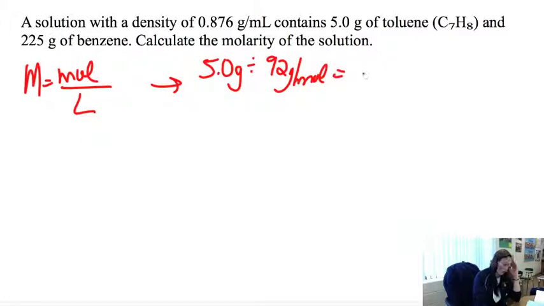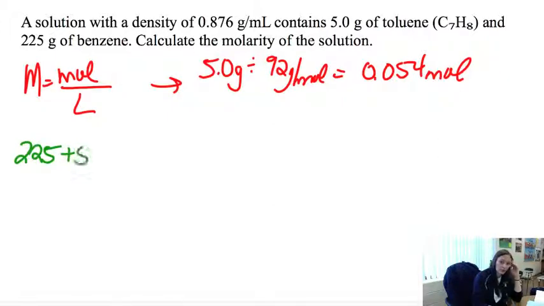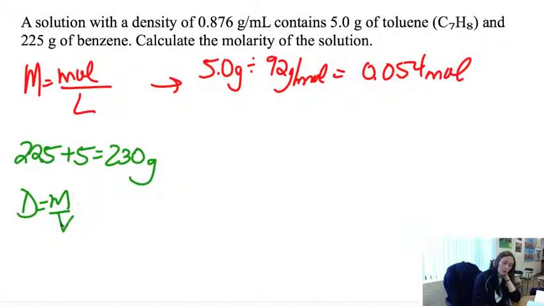So I'm going to get an answer of 0.054 moles. Well, I need liters of solution. So I take 225 plus my 5, which gives me 230 grams, and it has a density of 0.876. Remember density is mass over volume. If I want a volume, I have to rearrange a little bit.